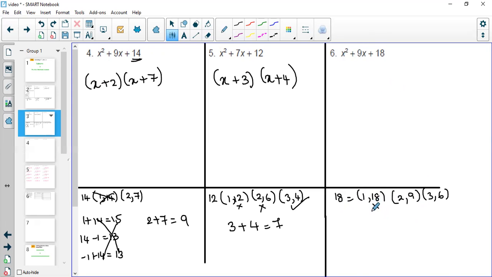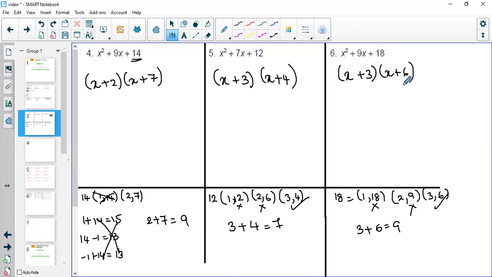Is it 1 and 18? 1 plus 18 is 19, and 18 minus 1 is 17, so not this. 2 plus 9 is 11, 9 minus 2 is 7, so not this, because we need a 9. So which means it's going to be 3 plus 6, because 3 plus 6 is going to give you a positive 9. So it can be x plus 3 and x plus 6.